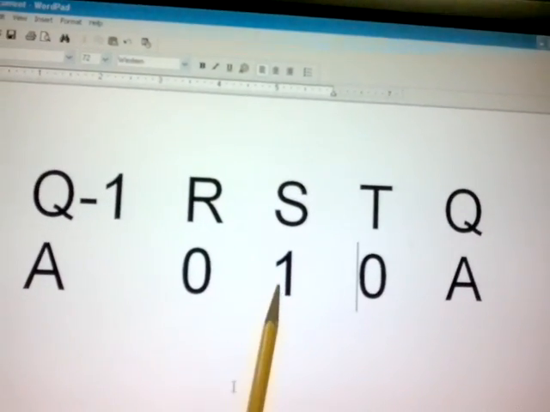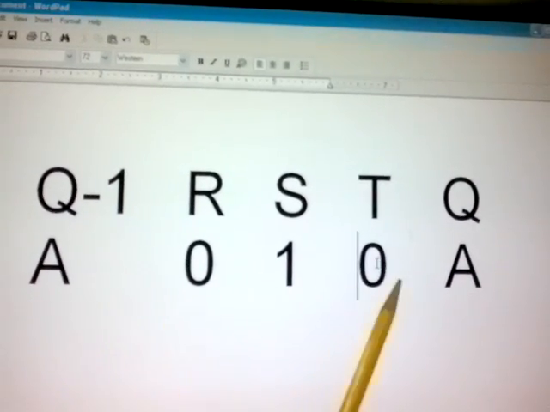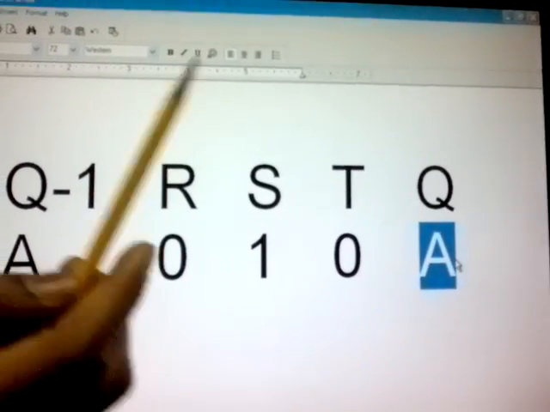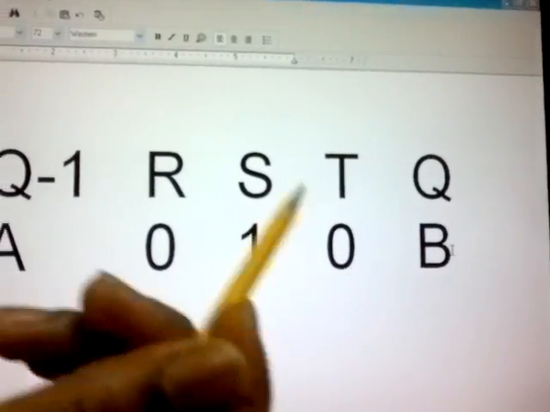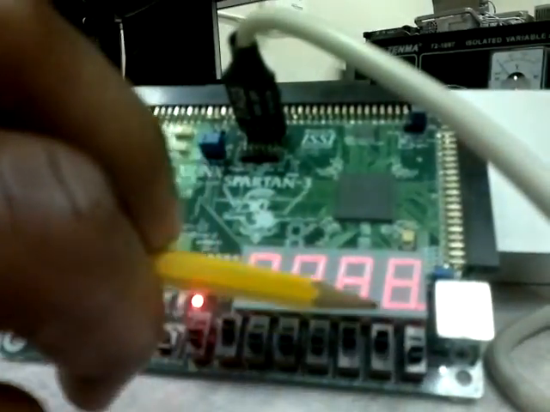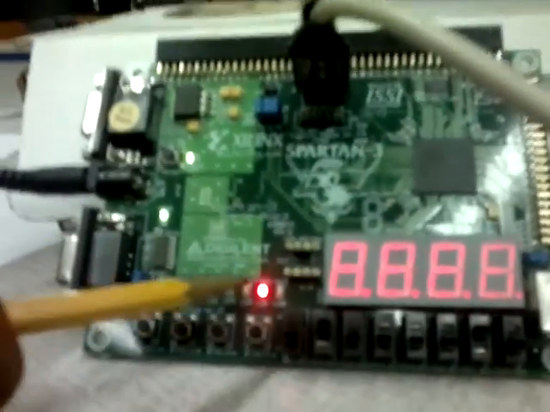The input S stays high, but when R is 0 and T is 0, the machine transitions to state B. And over here on the Spartan board, I'm going to show you the combinations. We have R being 0, which is low, S being high, and T being low. That gives us state B, which is Q1, the second D flip-flop.